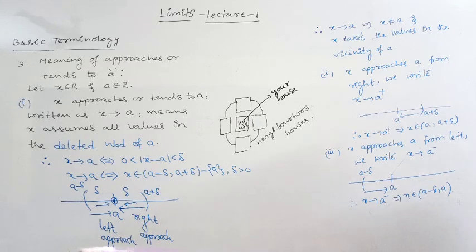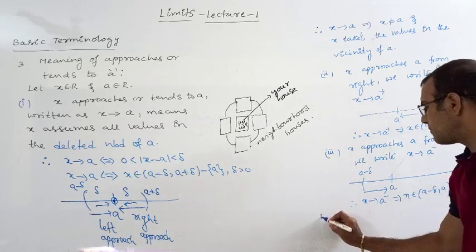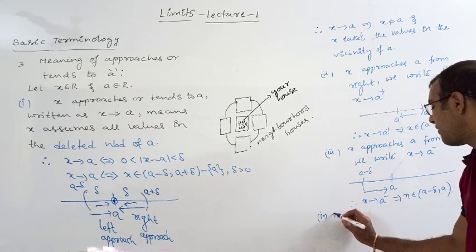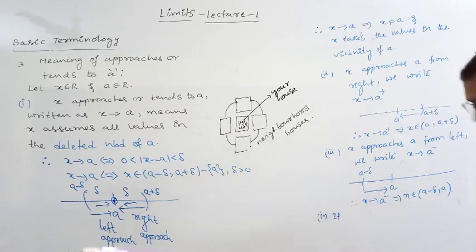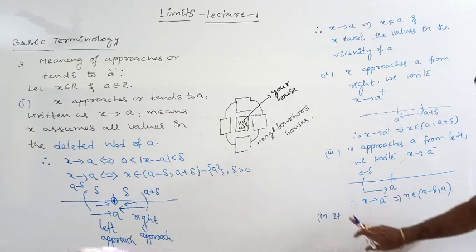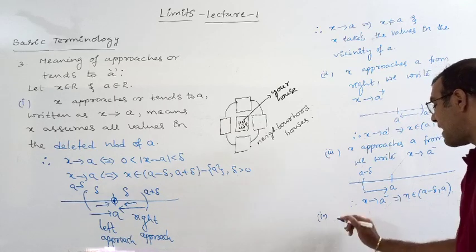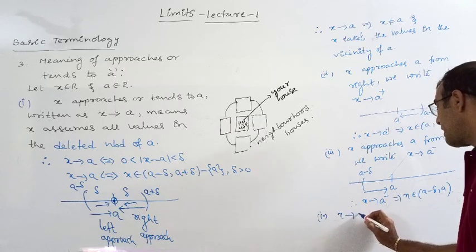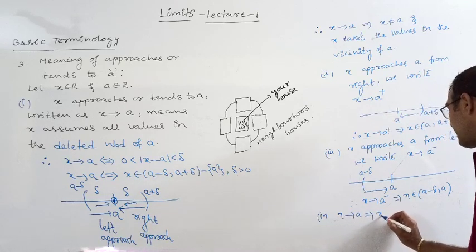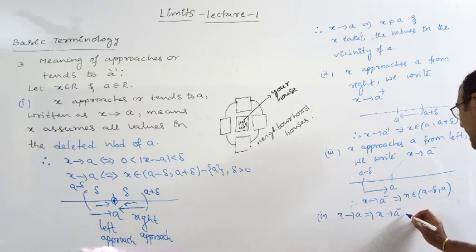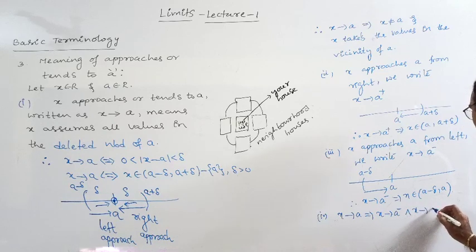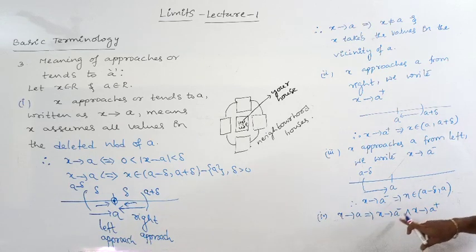Okay, right. So fourth one: X approaches A implies X tends to A minus and X tends to A plus. You write down.